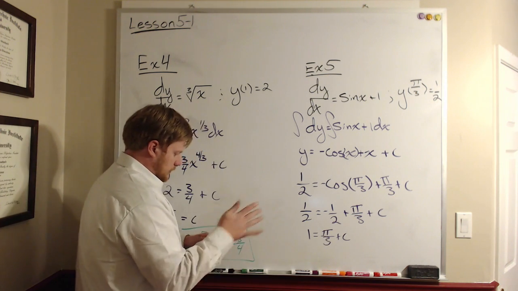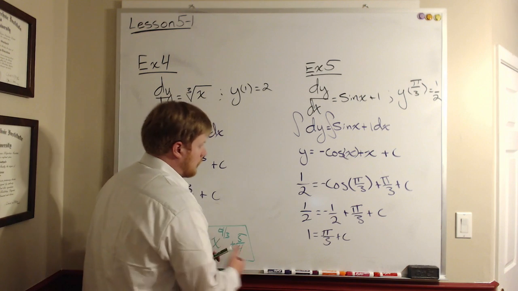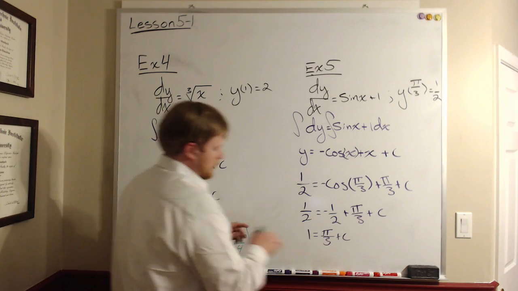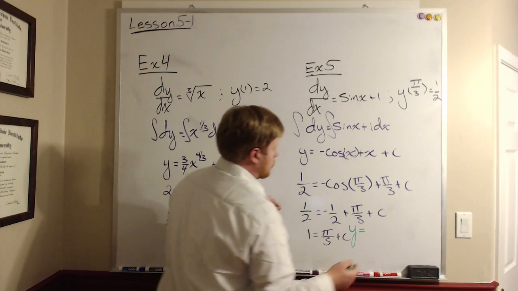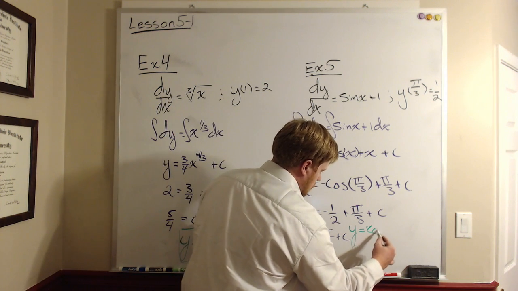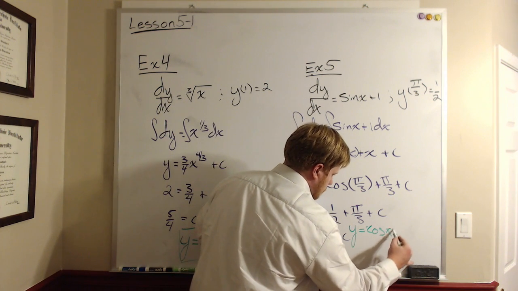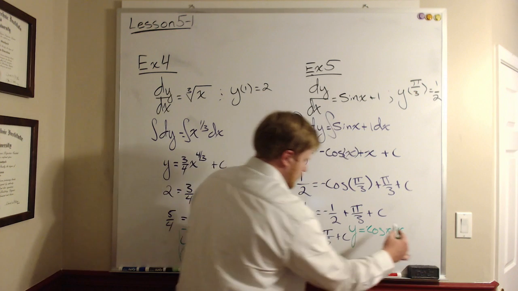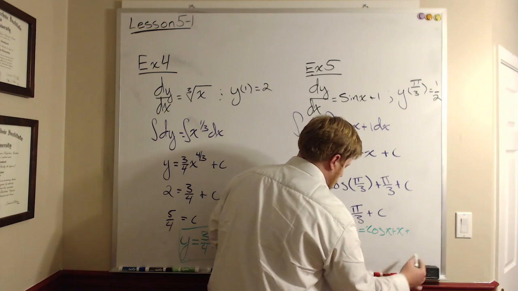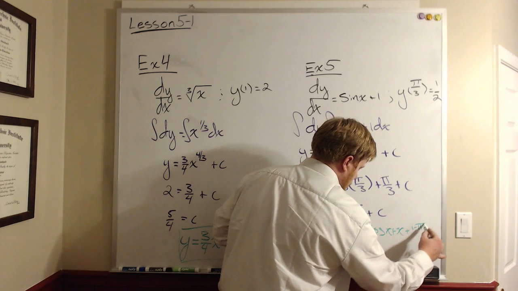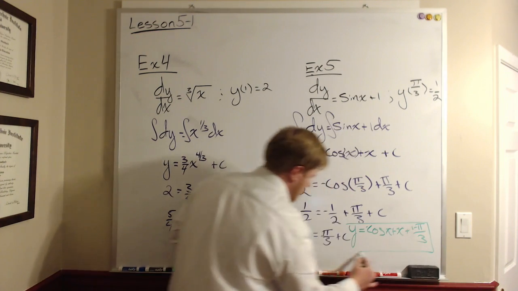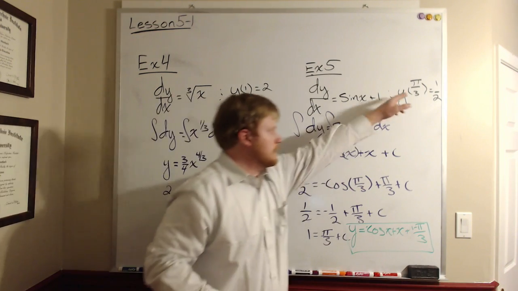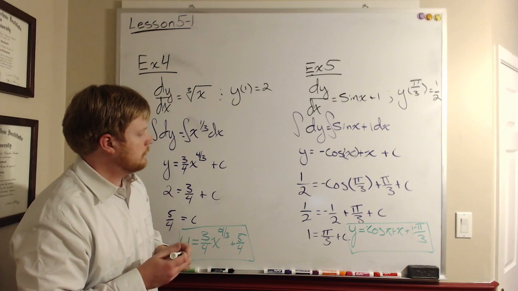Okay, so my final answer here is the equation y equals negative cosine x plus 1 minus pi over 3. That's the value for C that I got with this initial condition.